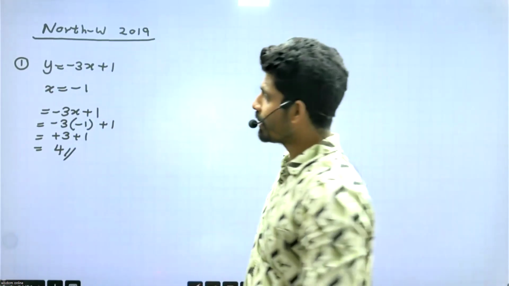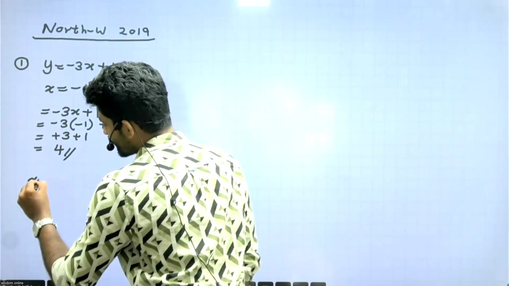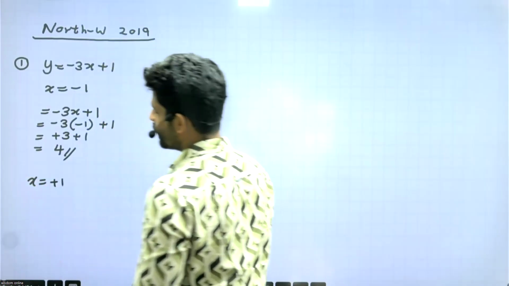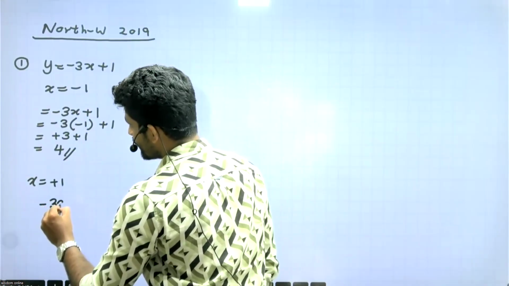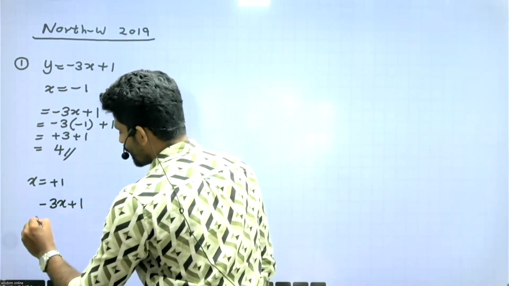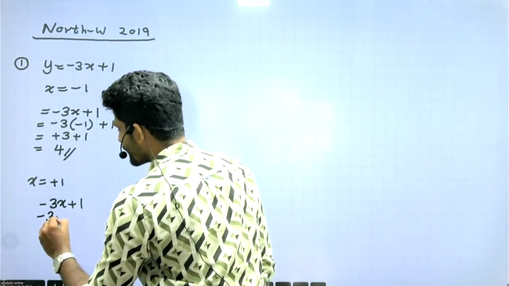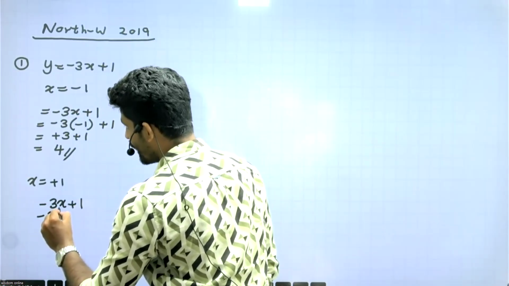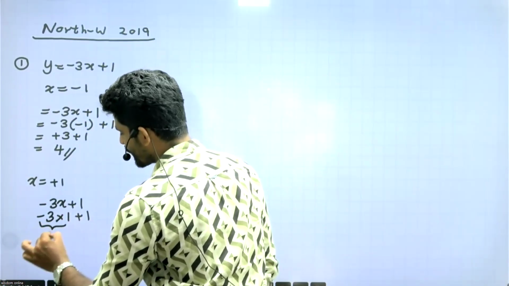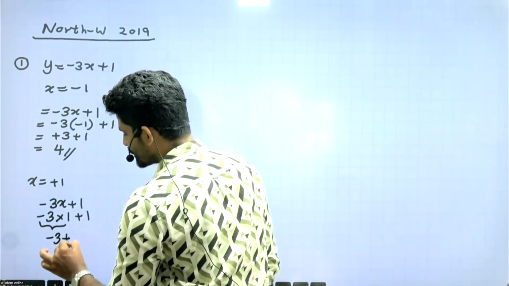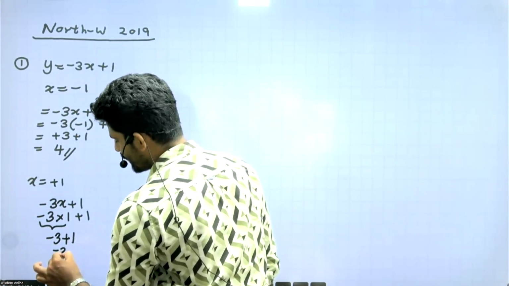When x equals plus 1, minus 3x plus 1 is minus 3 multiplied by 1 plus 1, which is minus 3 plus 1.